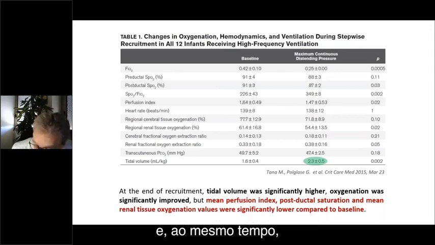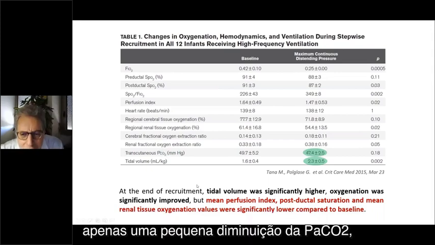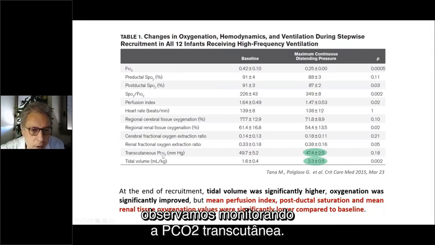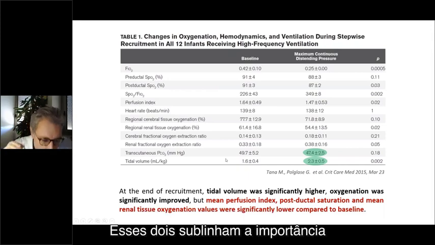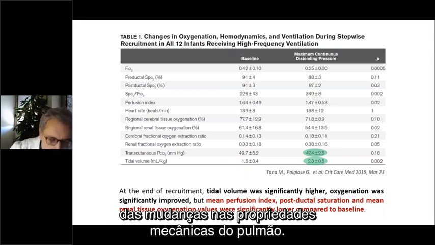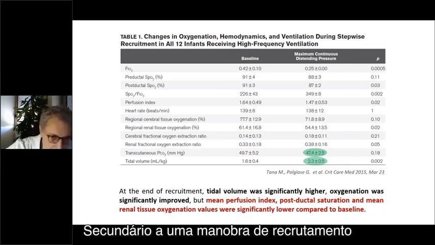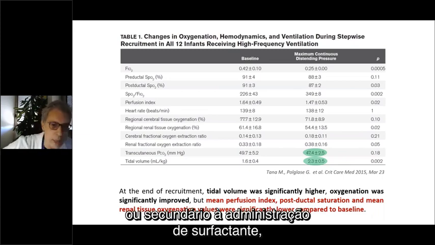And at the same time, we observed only a small decrease of PaCO2 by monitoring transcutaneous PCO2. This is to underline the importance of the changes in mechanical properties of the lung, secondary, for example, to a recruitment maneuver or secondary to surfactant administration.